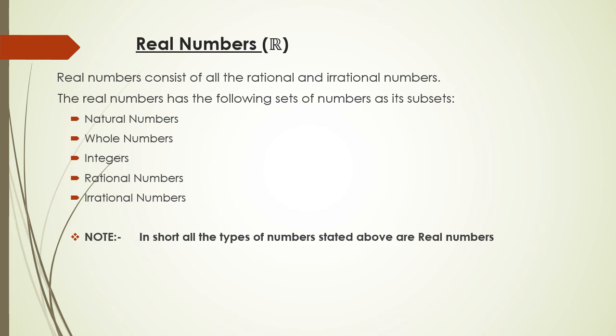Means we can say that all the natural numbers, all the whole numbers, all integers, all rational numbers, as well as all the irrational numbers are real numbers. So here we can note that, in short, all the types of numbers which are stated above are real numbers.